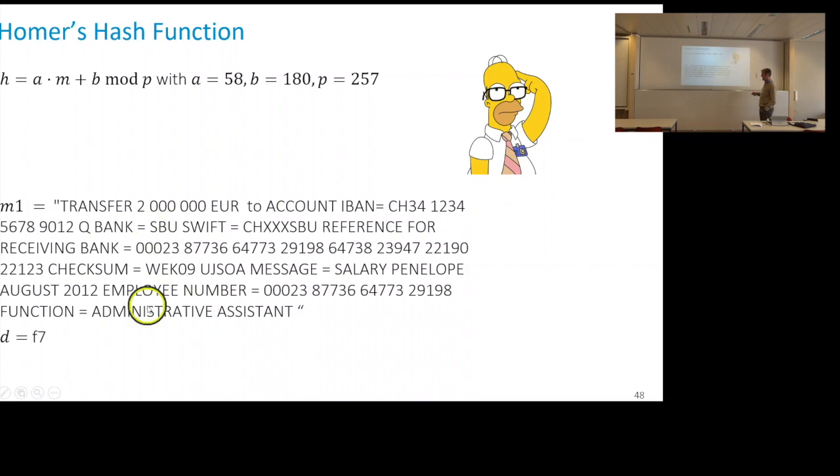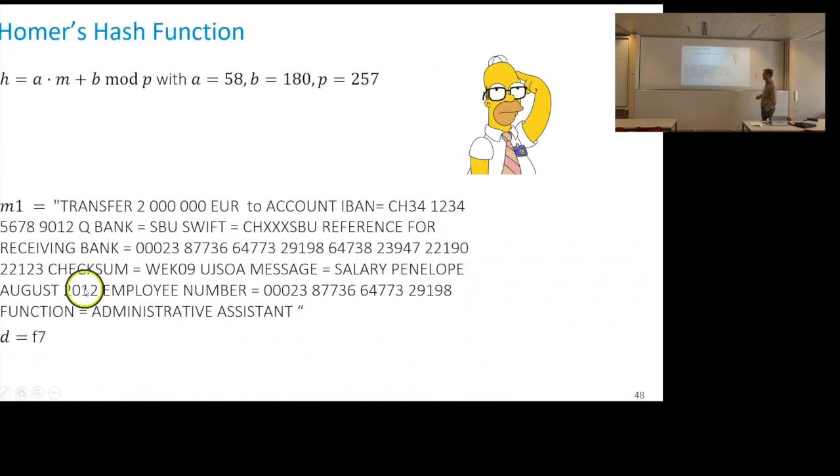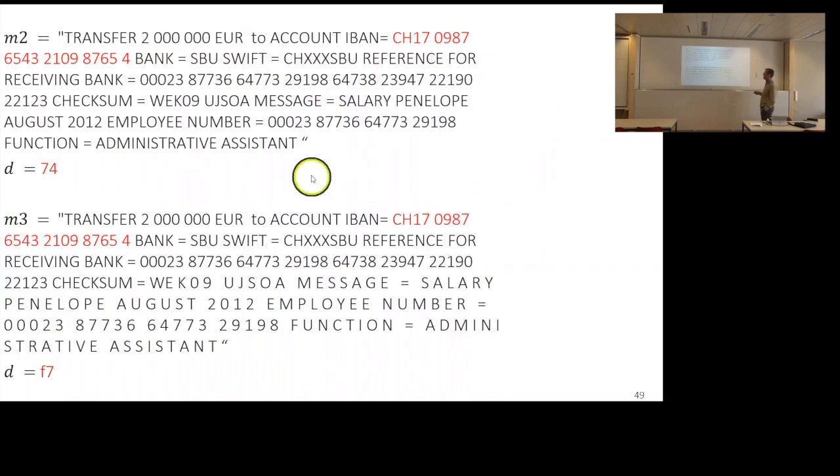So here I turn this large text into this small hash. And if I change anything here, for example, if I change the bank account number, like we said before, the hash value will be 74, which is not the same as F7. So if the hash is good, if it's cryptographically secure, then it should be very difficult to forge the text to obtain exactly the same hash as before.